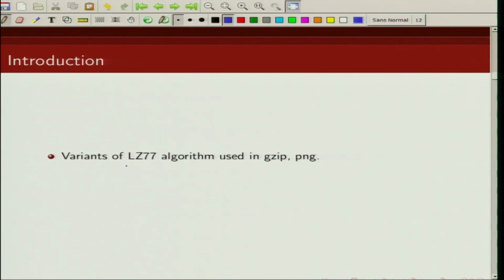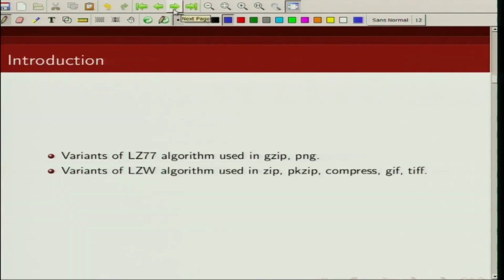For example, a variant of this LZ77 algorithm is used in the compression software gzip and PNG, whereas zip, compress, TIFF use a variant of the Lempel-Ziv-Welch algorithm. So we will talk about these two Lempel-Ziv algorithms in this lecture and the next lecture.